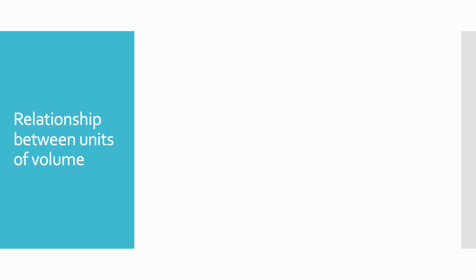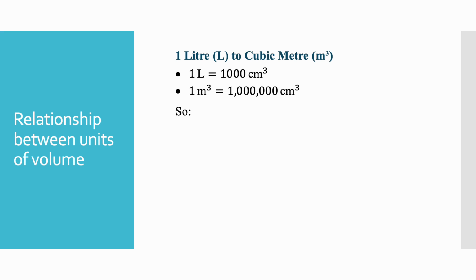Now let's see how liters are converted into cubic meters. We know that 1 liter is 1000 cubic centimeters. And 1 meter cube is 10 raised to 6 centimeter cube. To convert liters to cubic meters, we divide 1000 by 10 raised to 6.